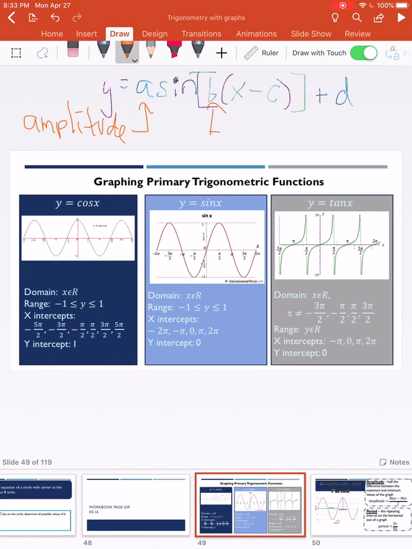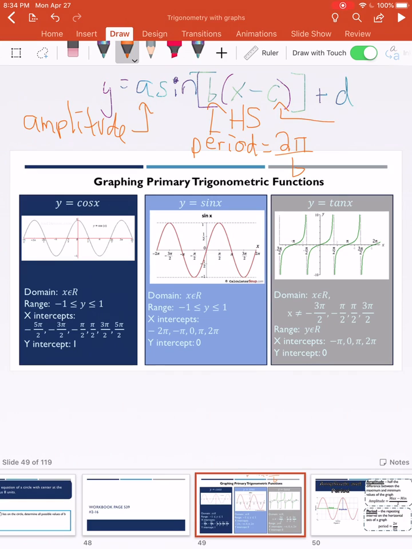It's still a horizontal stretch from transformations, but also the b value can help us find the period of a graph using period equals 2 pi over b. Okay, and we'll also talk about what we mean by period of a graph.